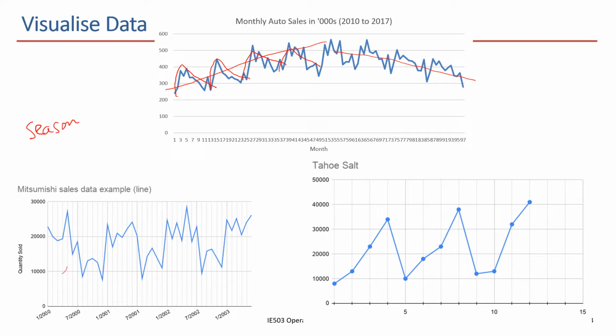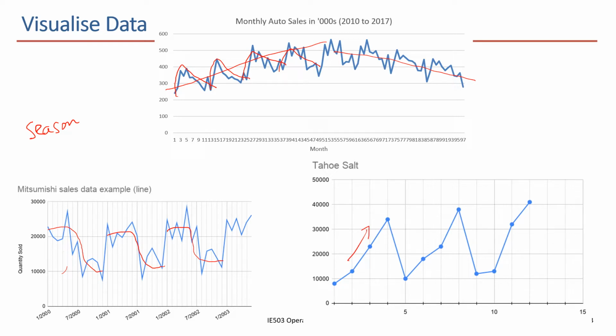In the second example, Mitsubishi, you can observe that data seems to follow a pattern like this. And another season starts and goes like this, another season starts and goes like this. Similarly, there seems to be an increasing trend, 1, 2, 3, and 4, like this.